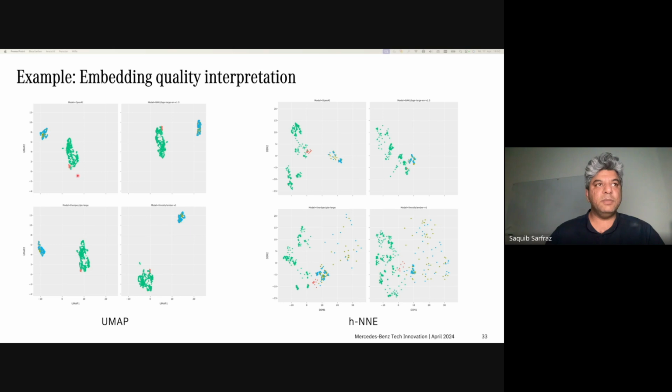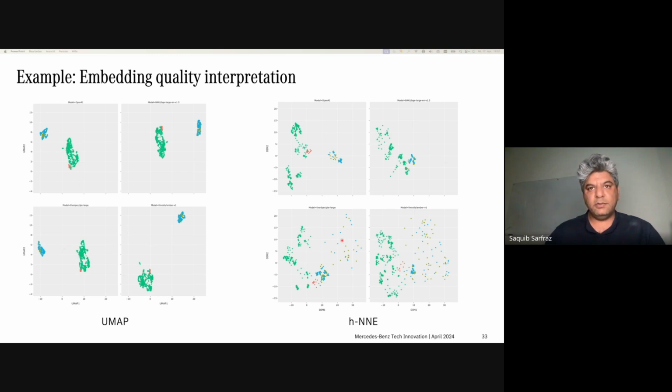But in the UMAP projection, it kind of clustered similar chunks closer together. So it is forming the same kind of cluttered clusters of, for example, the green type of document embeddings. In h-NNE, these documents are quite diverse. They are the same type of documents, but the chunks are possibly relating to different topics within those documents.